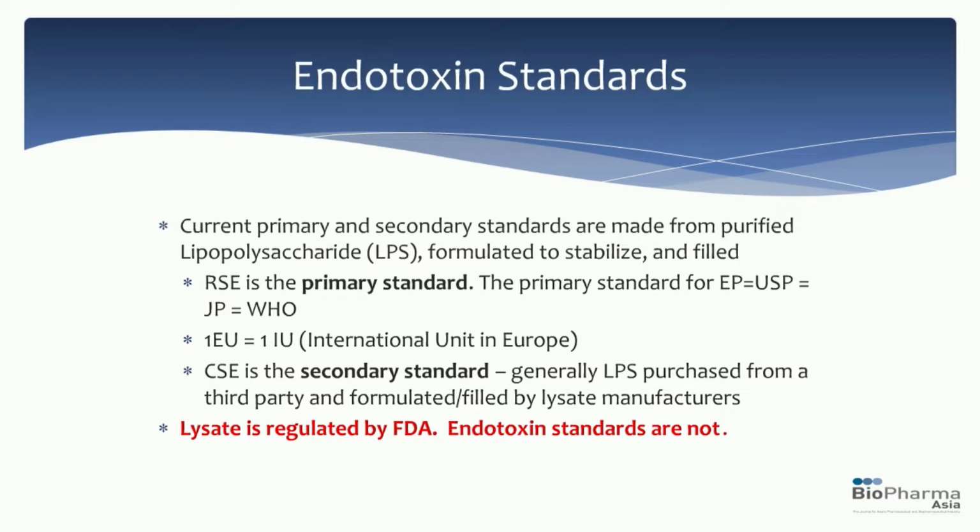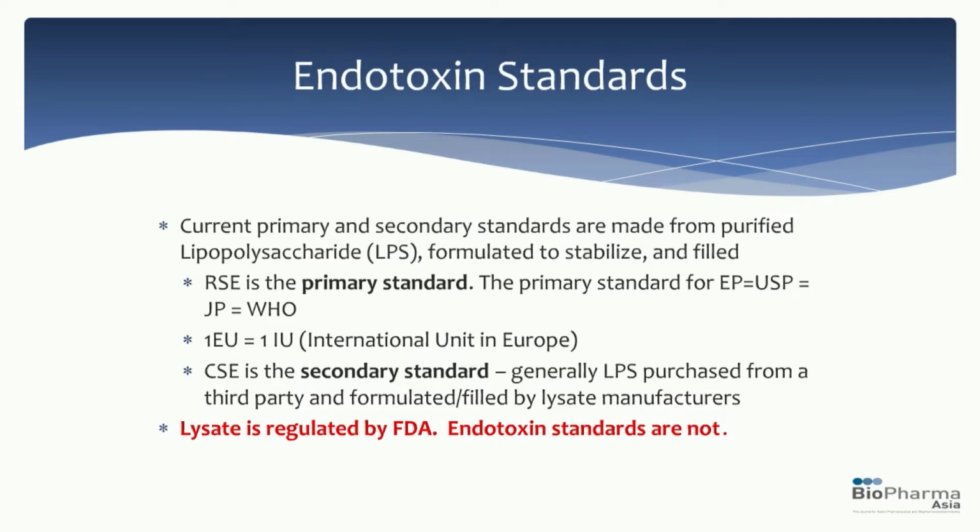In the case of some of the control standard endotoxins, the secondary standards, it's a different strain of E. coli called O55:B5. Now, the RSE, the reference standard endotoxin, is the primary standard, and that standard is now consistent in the European Pharmacopoeia, the United States Pharmacopeia, the Japanese Pharmacopoeia, and the World Health Organization. That wasn't always the case, but it is now.